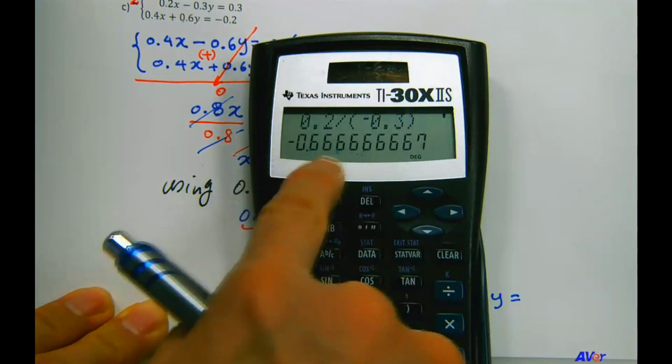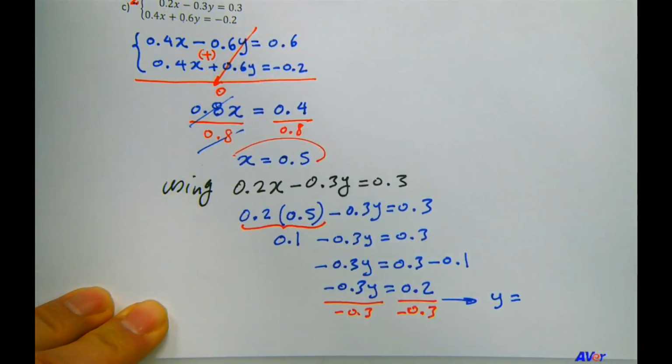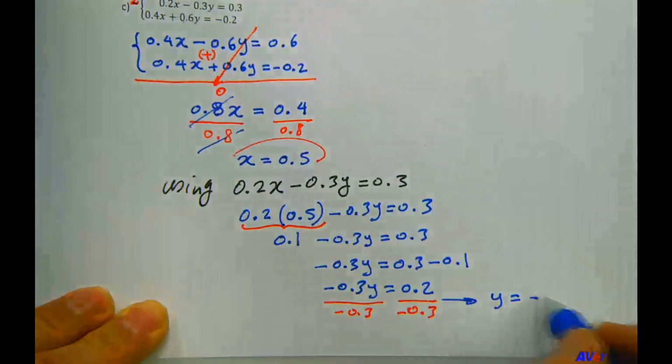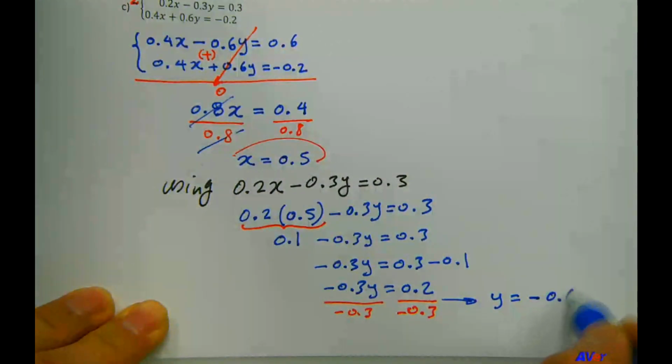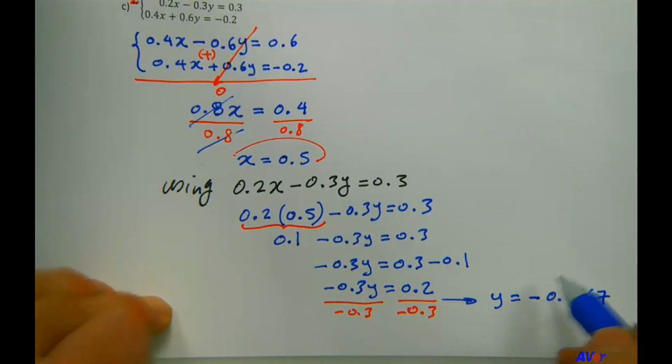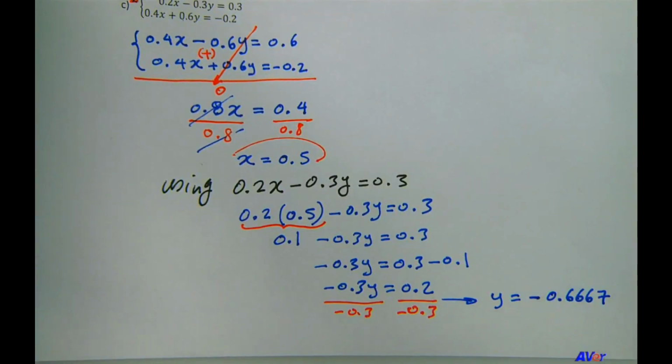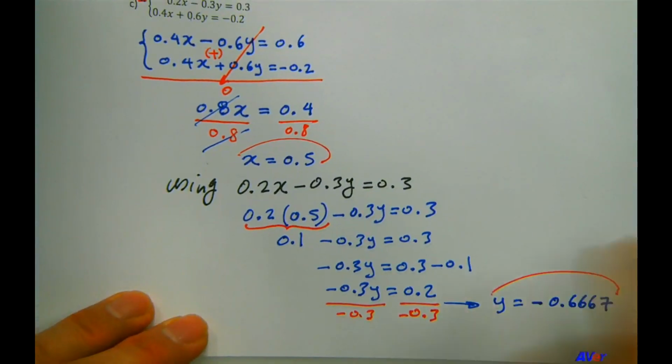Negative 0.6667. So we end up with minus 0.6667. Okay, like that.